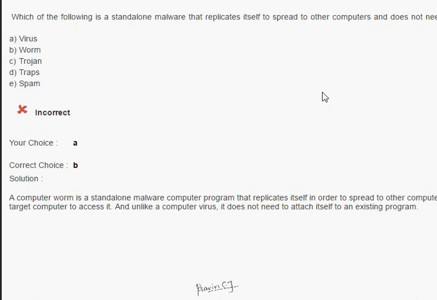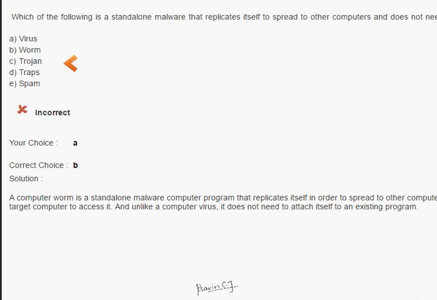Let us also talk about what a Trojan is. A Trojan is a program that works in the background and gets access to your computer through another program.